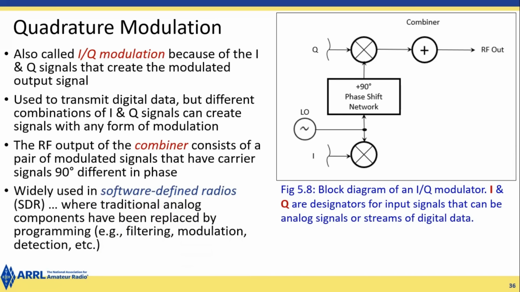Widely used in software-defined radios, where traditionally analog components have been replaced by programming, that is filtering, modulation, and detection. That's where you'll find quadrature modulation. Here's a figure on the right that has a block diagram of the I and Q inputs, and a 90 degree phase shift network in the middle. Quadrature simply means phase shifted by 90 degrees.